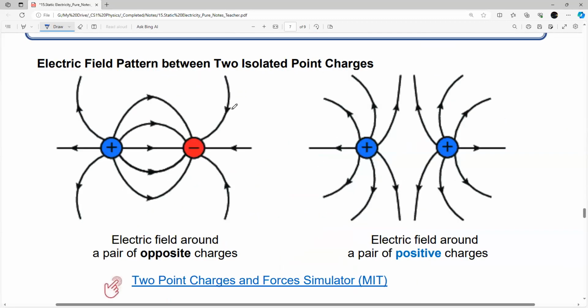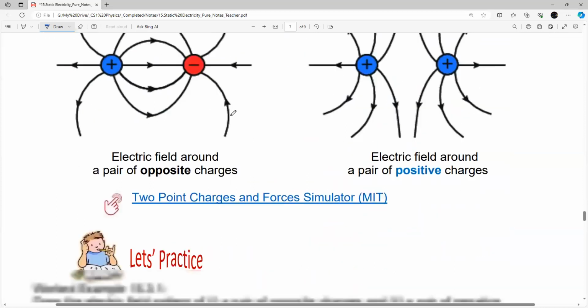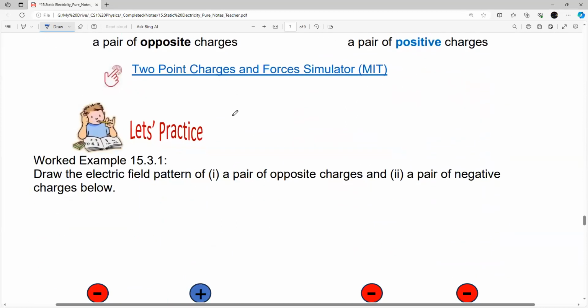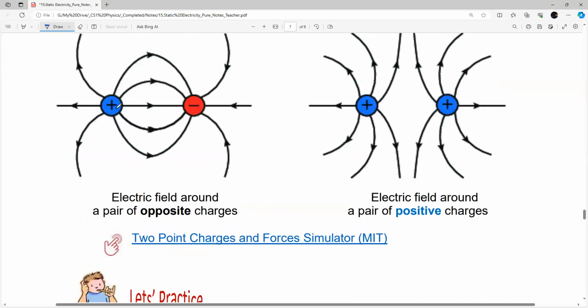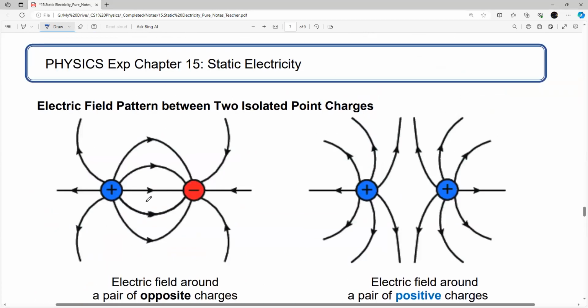We also need to know how to draw the electric field lines pattern for two charges. If we have a positive charge and a negative charge, the direction is towards the negative charge.